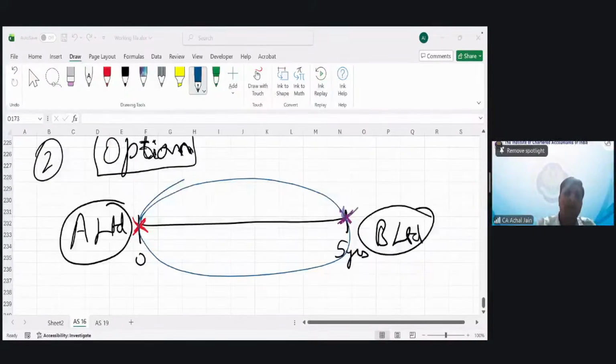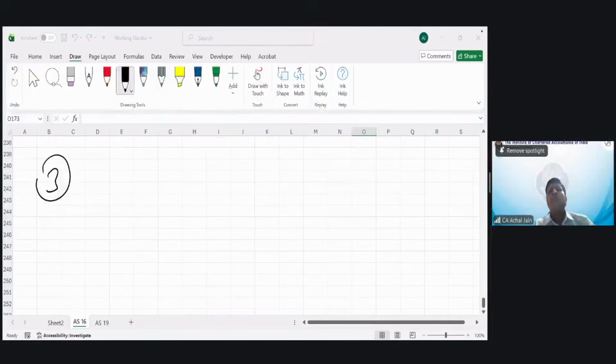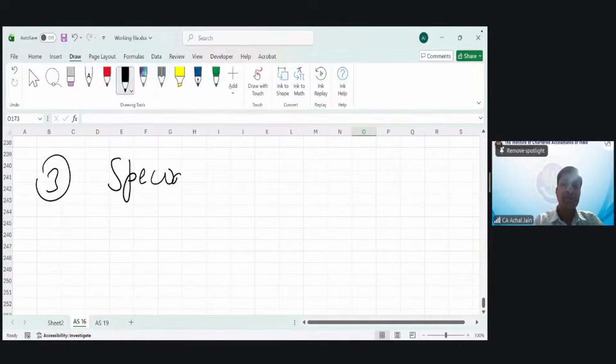Very good. So let's move on to the third indicator. The lease asset is of a specialized nature, which only the lessee can use.